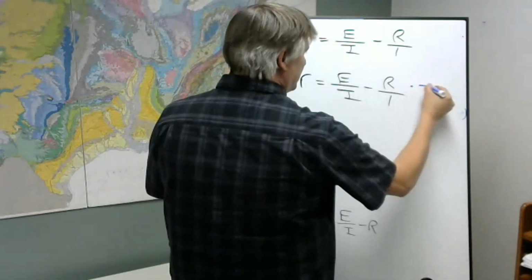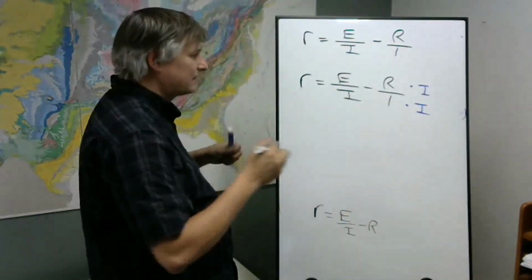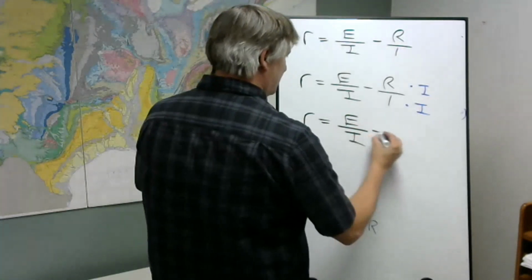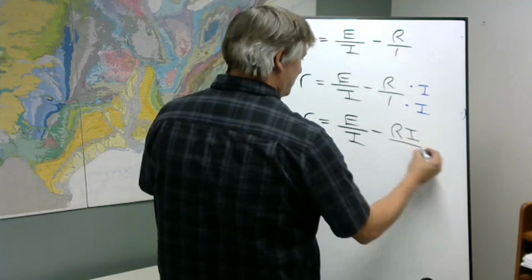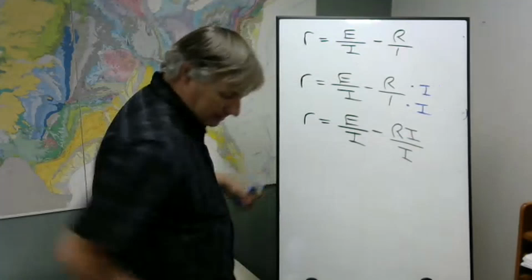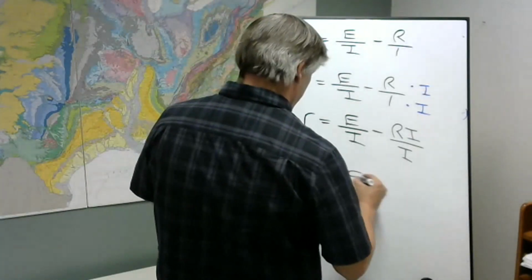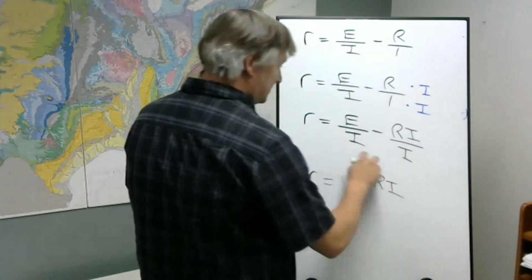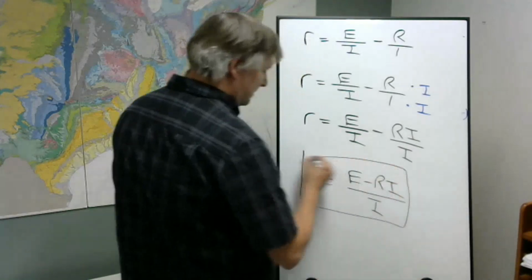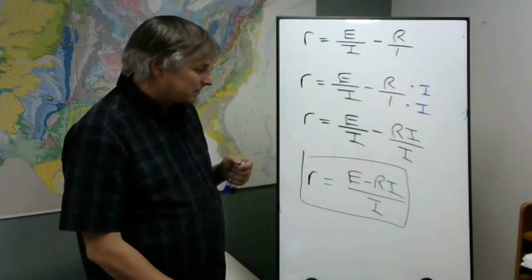So we can multiply top and bottom of this term by I. So we'll get r is E over I minus Ri over I. Or we'll get E minus Ri, because they have this common denominator, all divided by I. So that's one way of going about this.